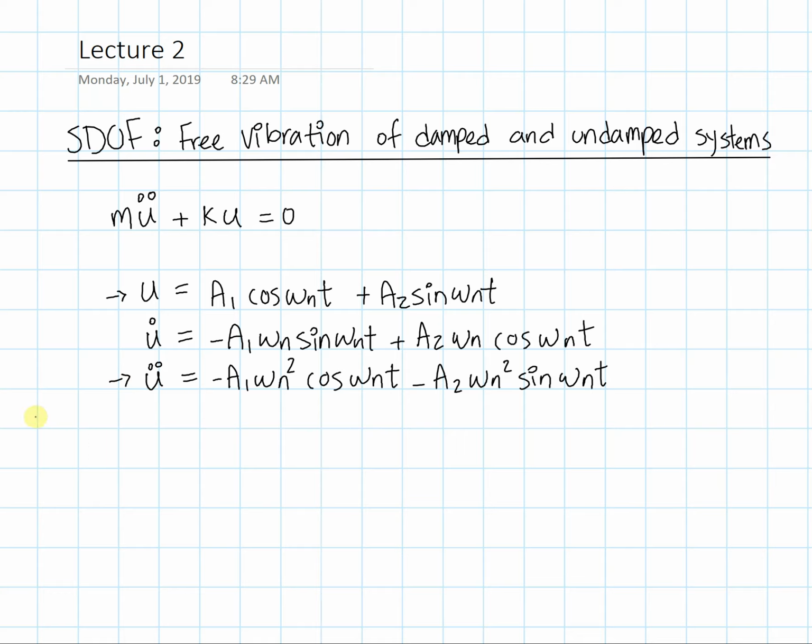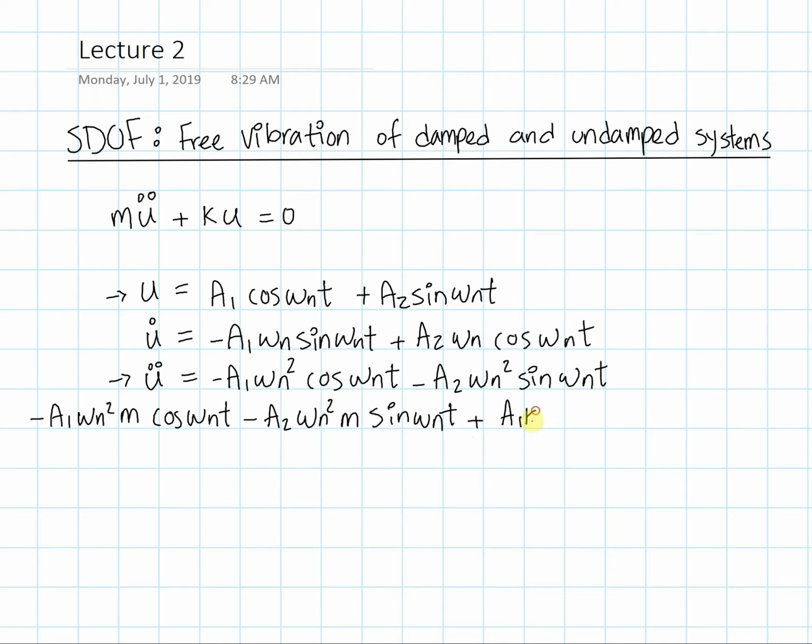Let's see. We have our minus a1 omega n squared m cosine omega n t minus a2 omega n squared m sine omega n t. That is the second term. There are two more terms.